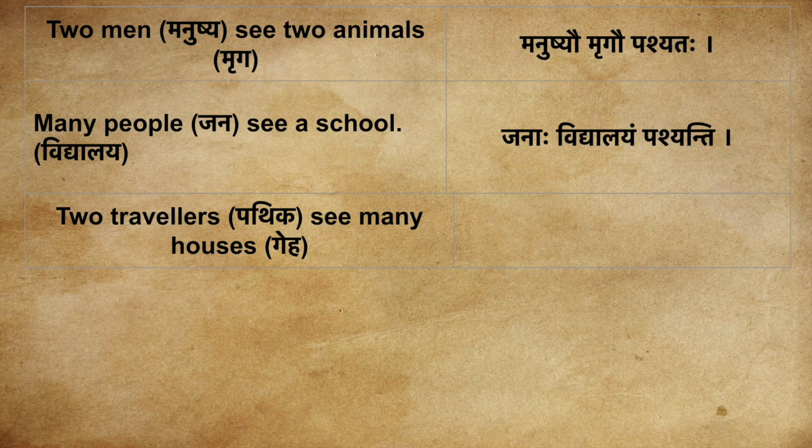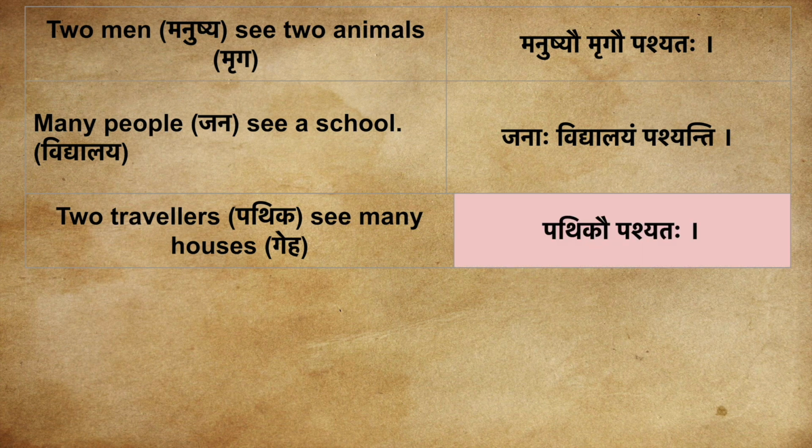Two travelers see many houses. Two travelers. Okay. Pathika is the root that we will use. There may be other words, but we are here using only nouns that belong to Rama Shabdam. So Pathikau, two travelers, just like Ramau, pashyataha.